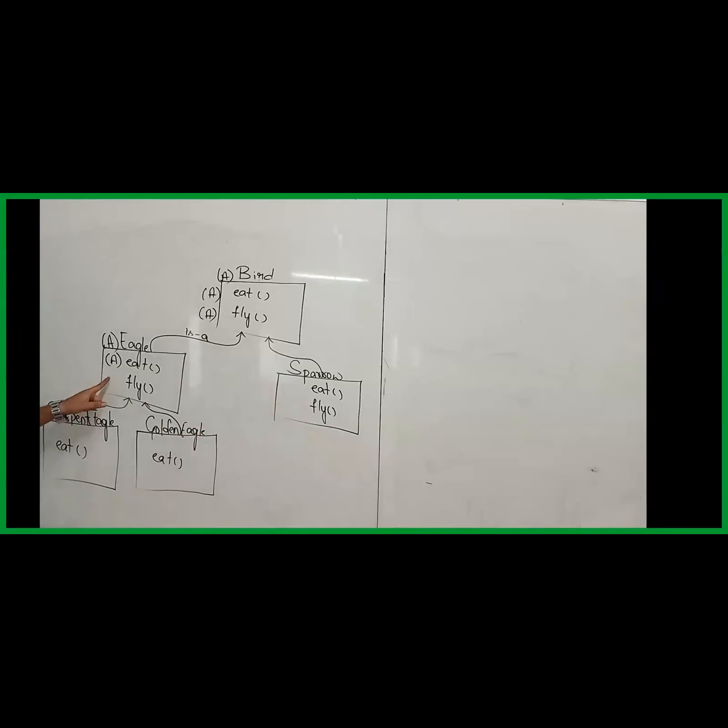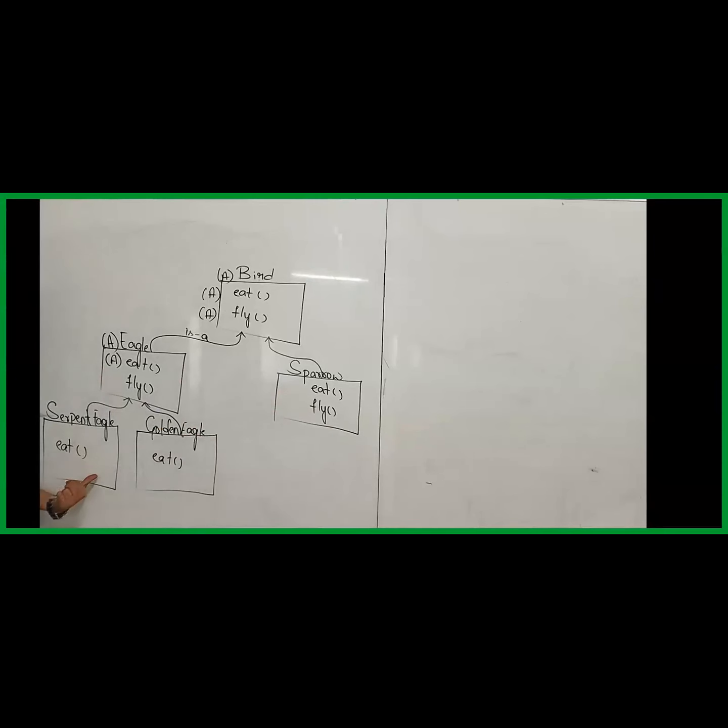Will I create an object of eagle? Which one I'll create? I'll create an object of bird. Serpent eagle. We should create the object of only serpent eagle, golden eagle, and sparrow.